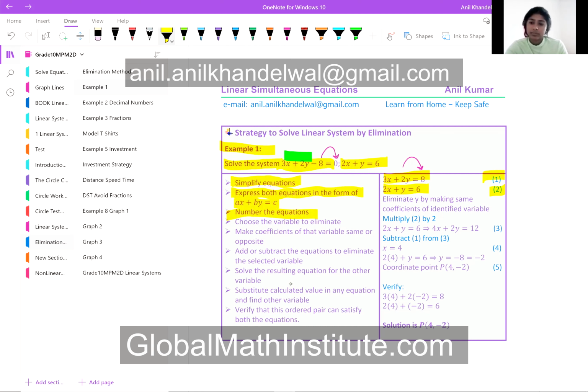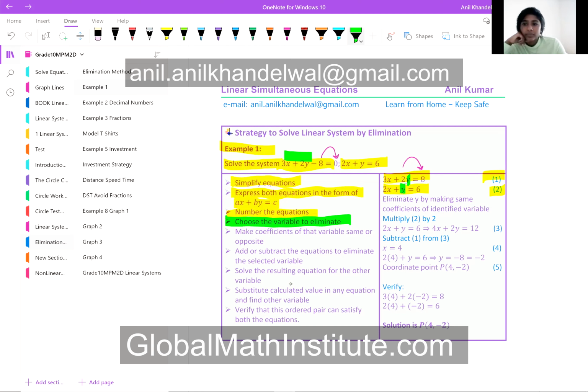The first step here is to choose the variable which you need to eliminate. Clearly, what we look at is the y value. If I multiply the second equation by 2, we have exactly the same coefficient for y in both the equations. And then we could subtract them, correct? So that's the key. When you choose the variable to eliminate, you have to see to it that you avoid fractions.